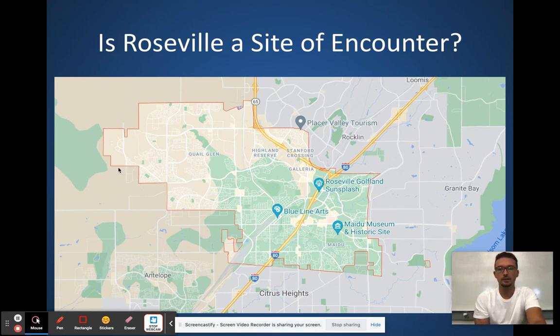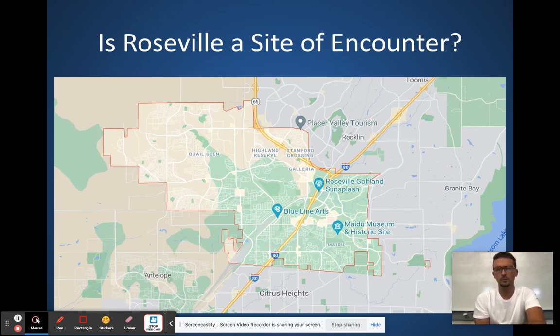Would we have thousands of people going there every day and gathering? We wouldn't, right? The reason we have that is because it has become essentially a site of encounter for Roseville, a place where people go and talk to each other or buy goods or exchange certain technologies, like at the Apple store and things like that.